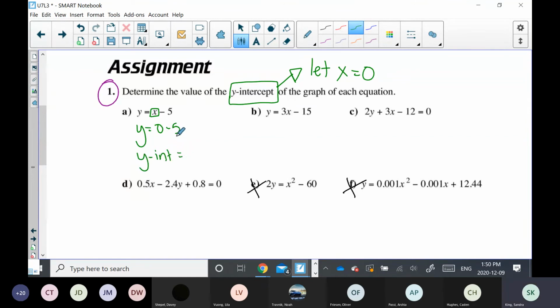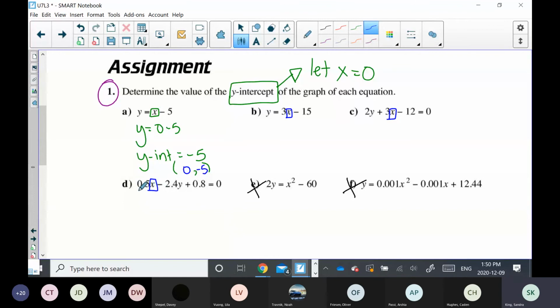Y-intercept is equal to 0 minus 5, which is negative 5. And then give me that as an ordered pair. So when y is negative 5, x is 0. Okay, so for all of these, wherever you see the x, you are simply going to put in a 0. And you are going to isolate and solve for y, right?